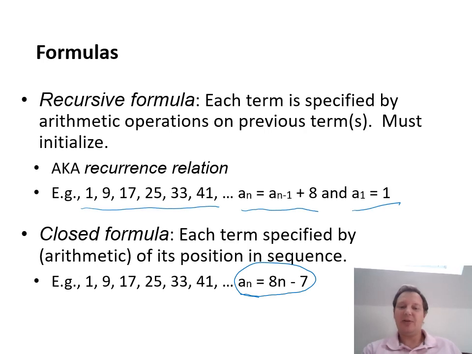So a of 1 is equal to 8 times 1 minus 7, which is 1. a of 2 is 8 times 2, 16, minus 7, which is 9, and so on. Most sequences can be described using either of these formulas, as we will see in the examples that follow.